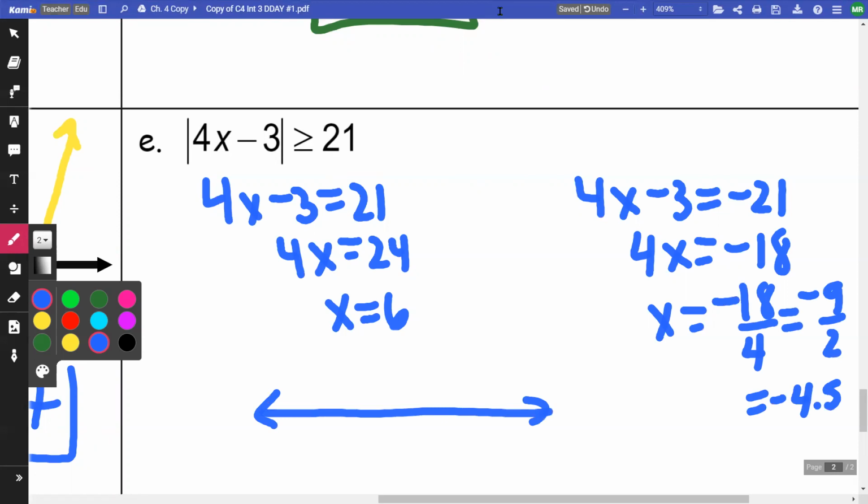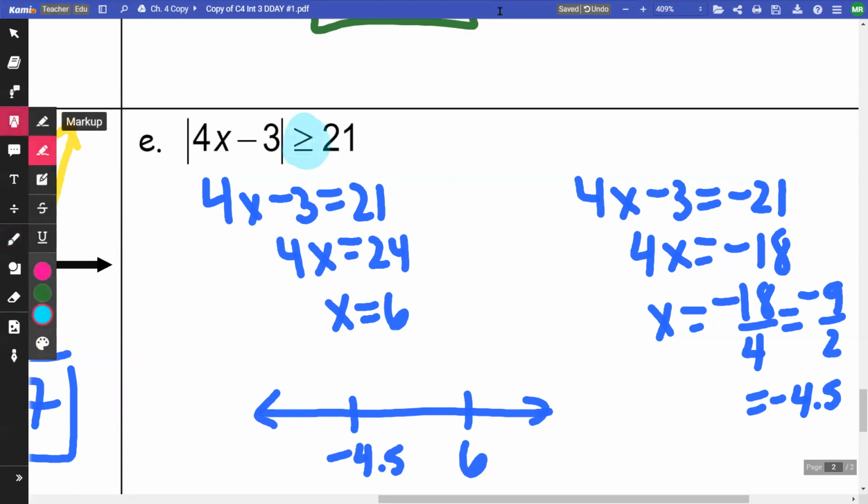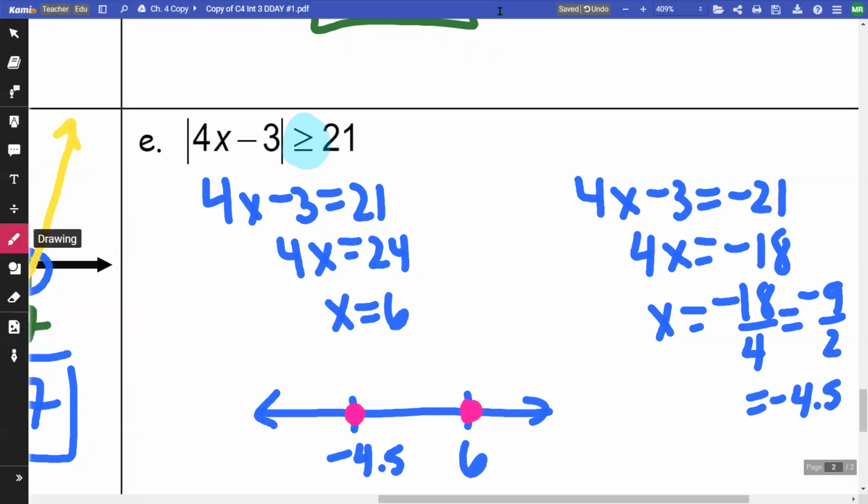So for this, I'm going to have negative 4.5, let's say, and 6. If I look back at the original problem, I want it to be greater than or equal to. So that means solid circle, solid circle. And then if I'm thinking of an absolute value, which is a V, where is it greater than this value, if this is at a height of 21?